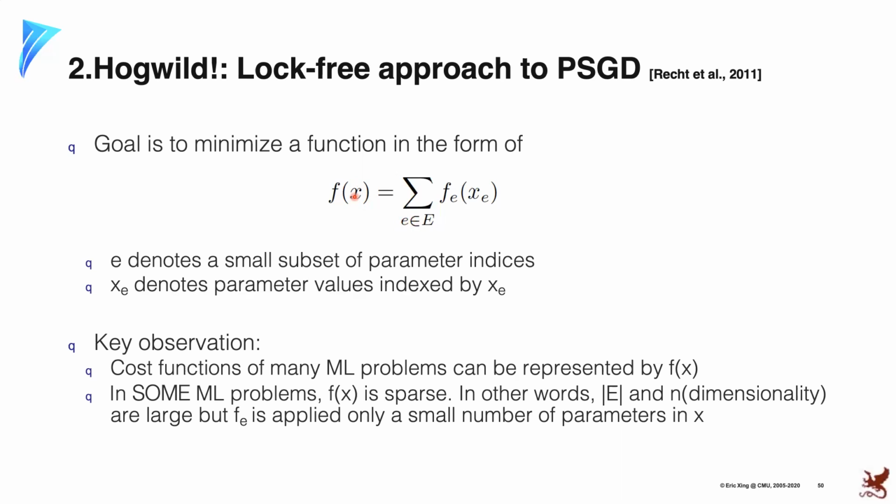Let's say I take a random 1,000 examples out of my 1 million examples, which is my total data set. I may find that instead of touching all the parameters, those 1,000 data points only touch 10% of the model parameters.